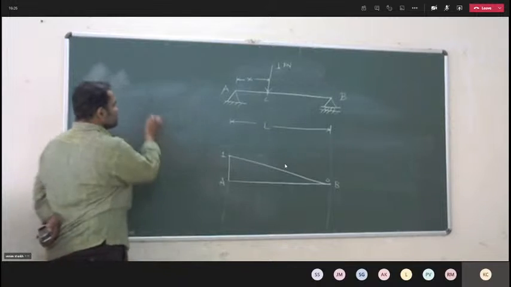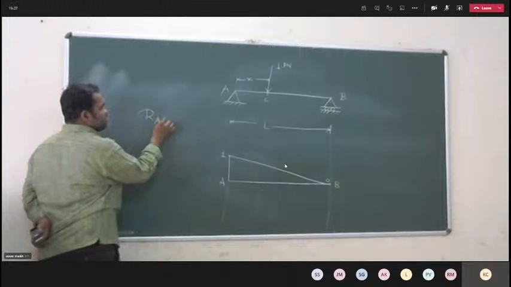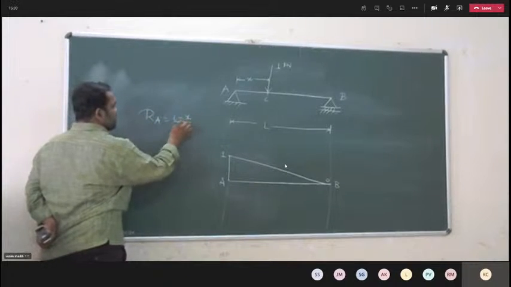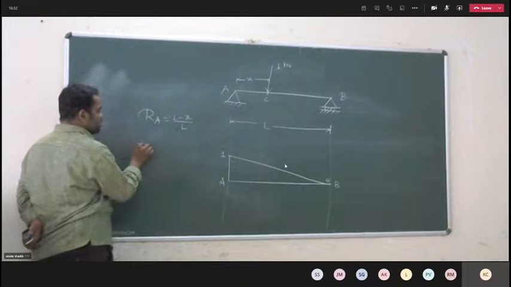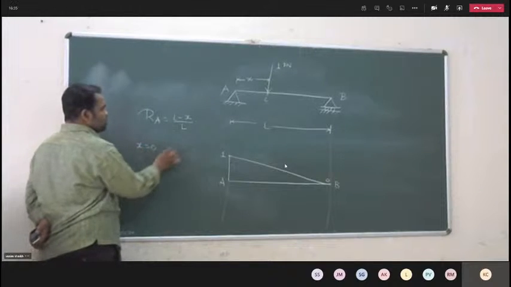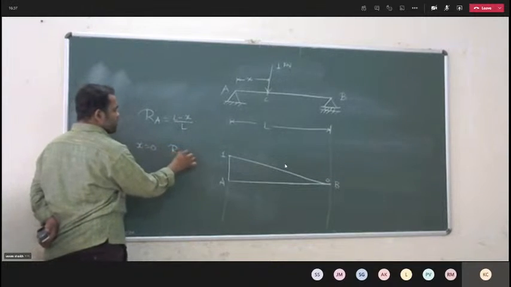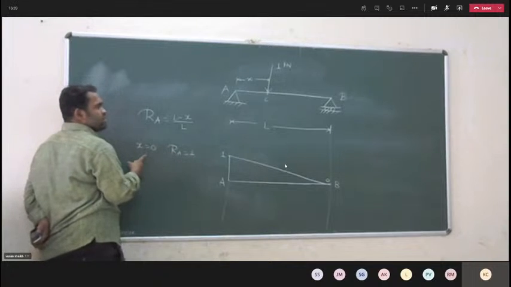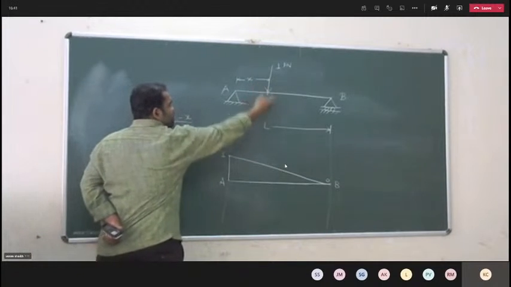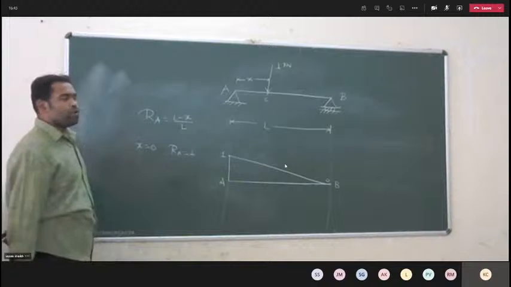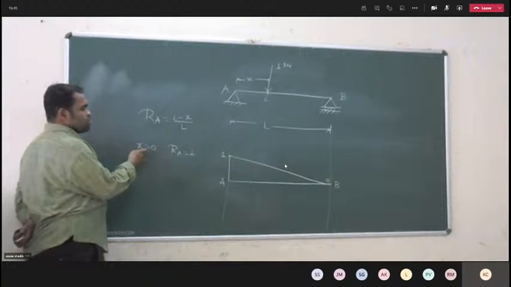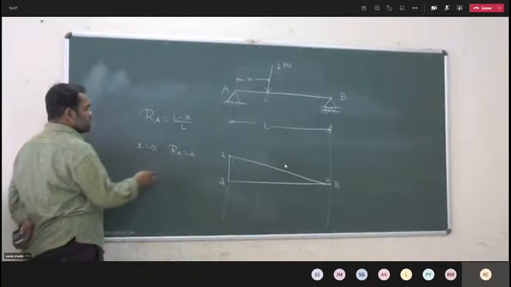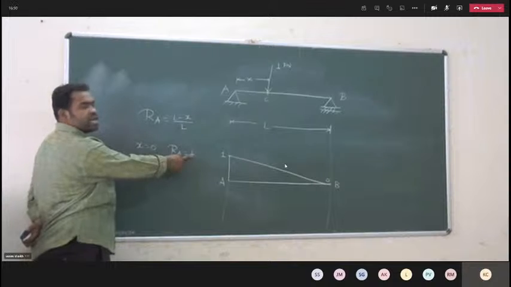How is it done? As you know, RA is equal to (L minus x) by L. If I put x equal to 0, RA is equal to 1. x equal to 0 means I am putting the unit load at support A, so RA is equal to 1. That 1 is the ordinate.